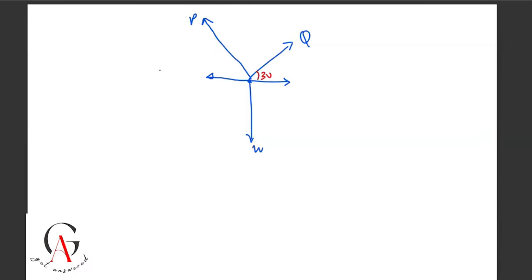And then this angle here is going to be a 60.